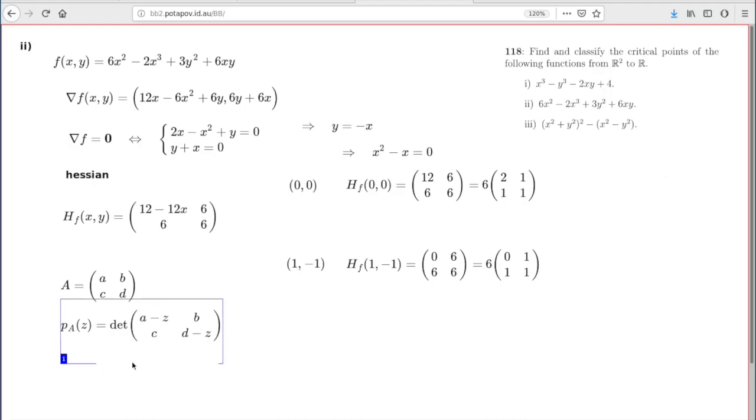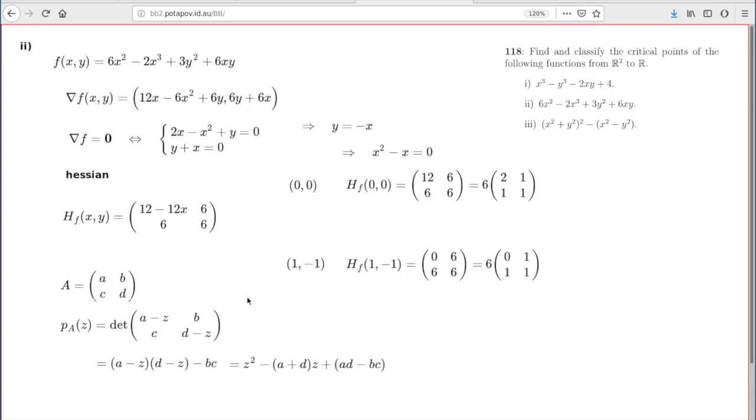Computing it is the determinant of a 2 by 2 matrix: (a minus z) times (d minus z) minus c times b. If you expand this and collect similar terms, you end up with this quadratic.